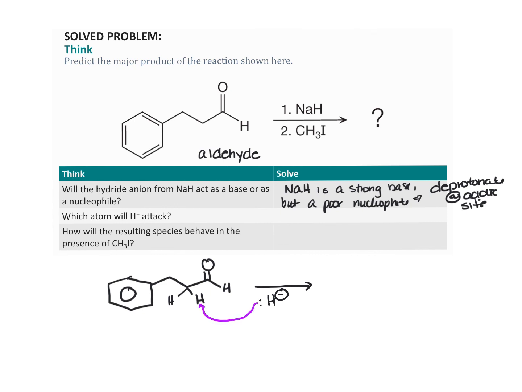That's an acidic hydrogen. It will attack there, and these electrons will go on the carbon. Now we have a negative atom here.